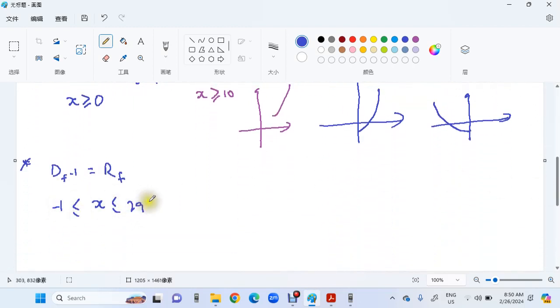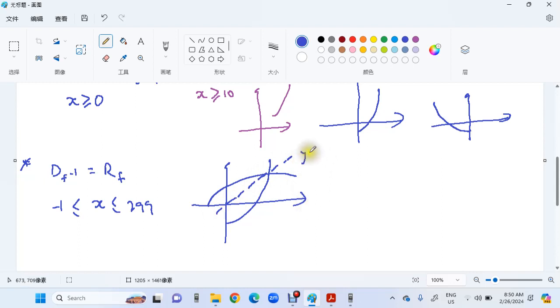So you have f like this, then f inverse will be something like this. They are symmetric about y equals x. So this is negative 1 until 299. This one is the domain for f inverse.